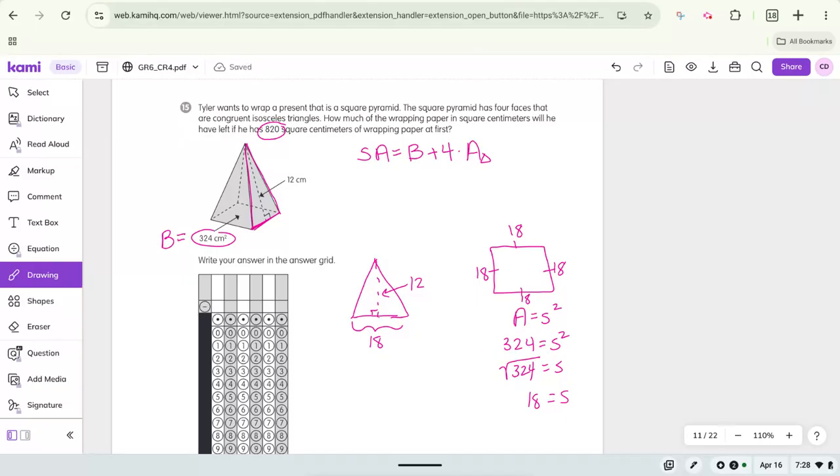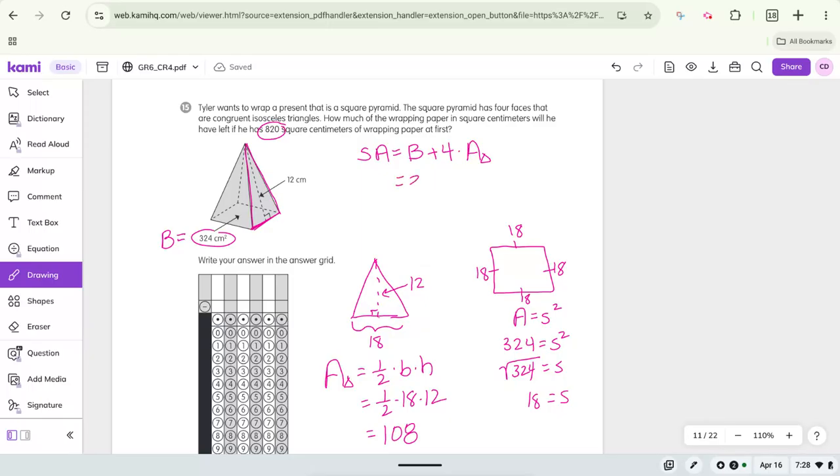All right, so now I'm ready to find the area of the triangle. It is 1/2 times the base times the height, or 1/2 times 18 times 12. And that is 108. So I'm going to go back to my surface area formula.